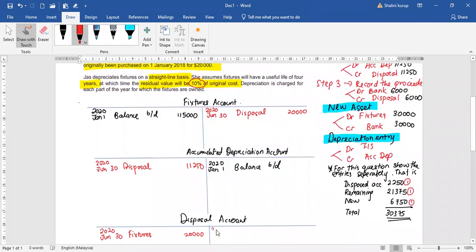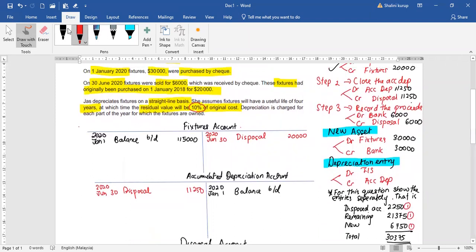Again the same, the date will be 2020 June 30. After this you do not need to write the date any longer because everything is on the same date. This will be accumulated depreciation. Please write in full. This will be 11250, which means that we are done with the second step. Okay, step 2 finished. Now let's go to step 3.